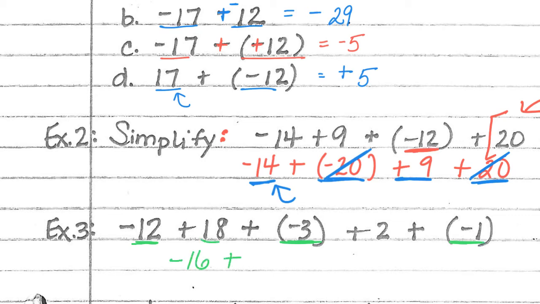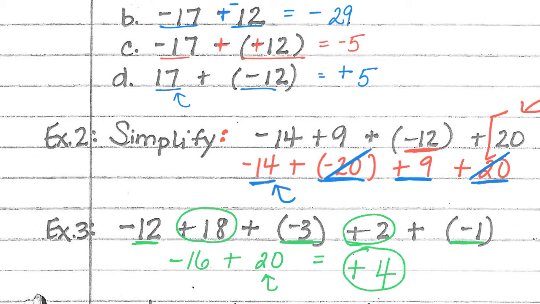And I also know I have a positive 18 and a positive 2, which is positive 20. Negative 16 plus 20, we're going to take the sign of the larger number, so it's going to be positive. And 16 and 20, the difference of that is 4.